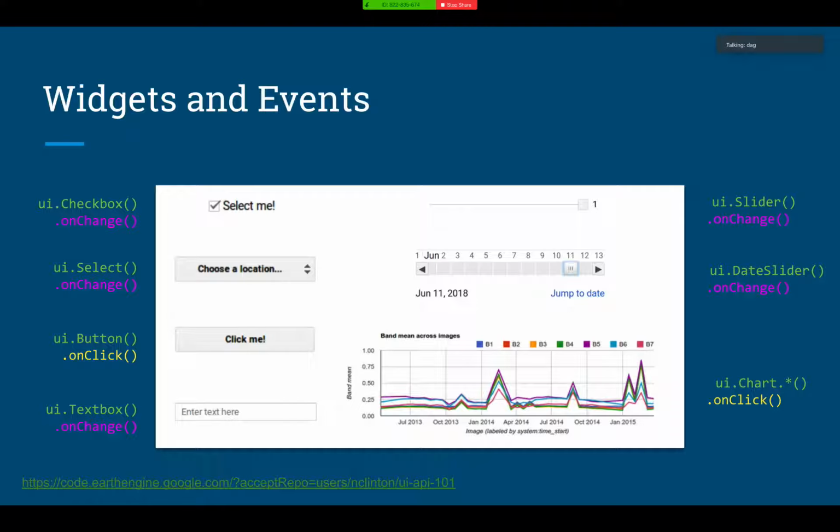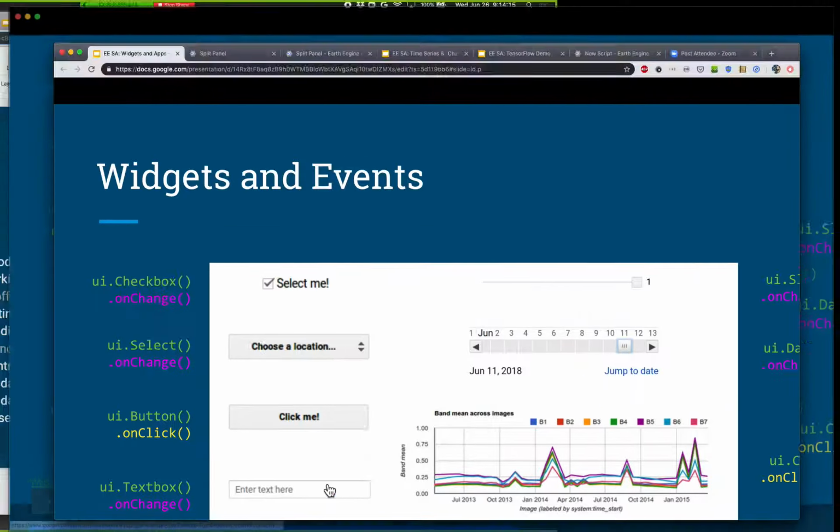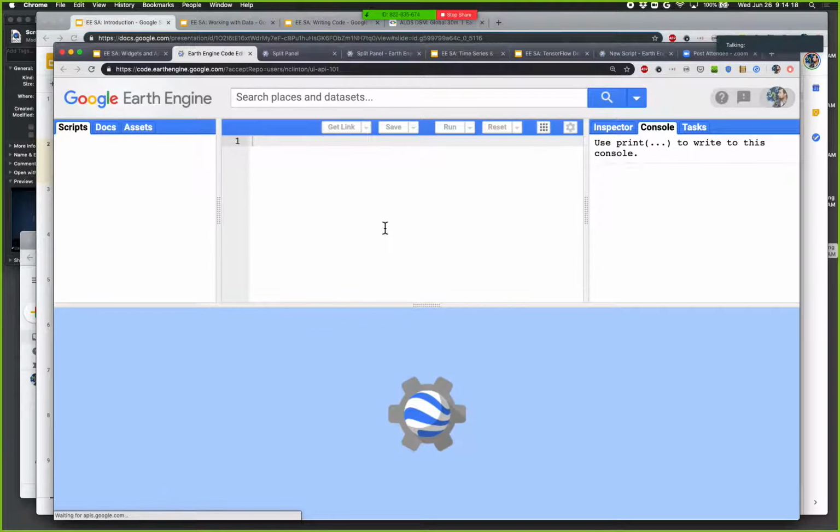This is one of those other events. So when someone clicks a button, you can run a function, and that function might add a layer to the map or perform a calculation and give you a time series at the current point or anything like that. Let's show what that looks like in code.